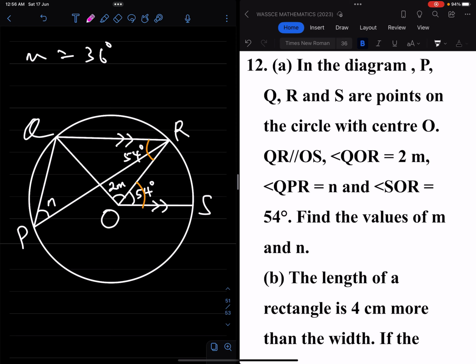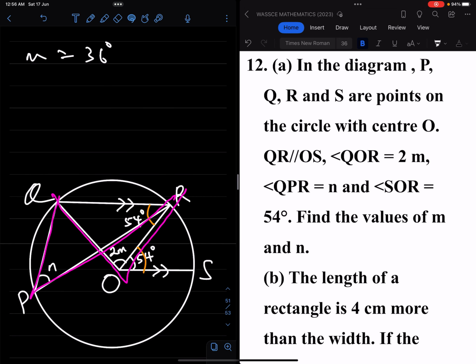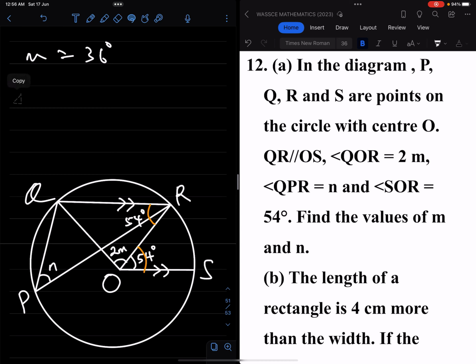That simply means angle QOR equals 2 times angle QPR, and the reason is angle at center is twice angle at circumference.